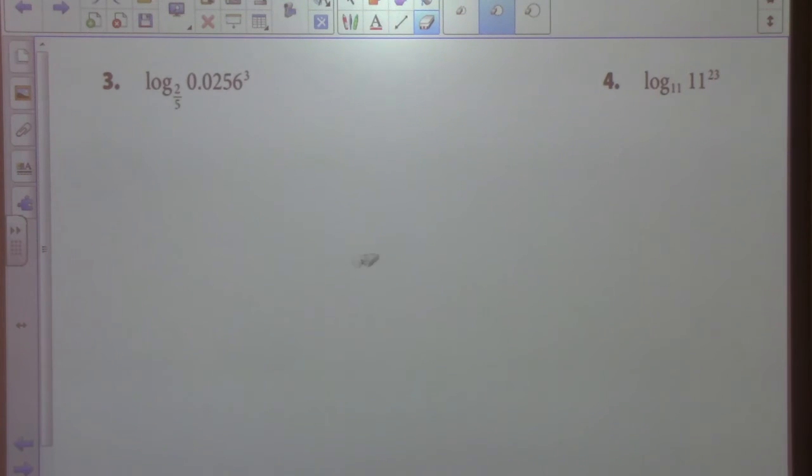So number 3, we have this one right here. And so if we have 3 out front, that's going to be equal to 3 times log of 0.0256, and it's log base 2/5.